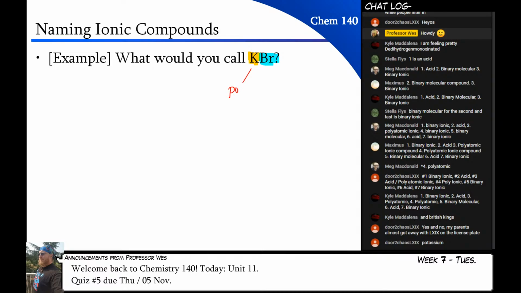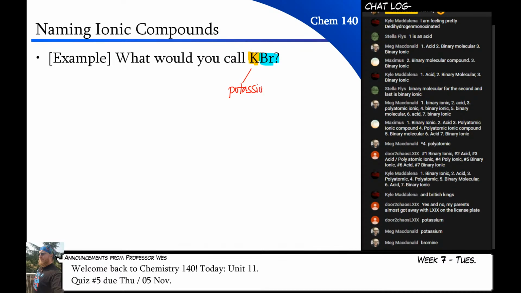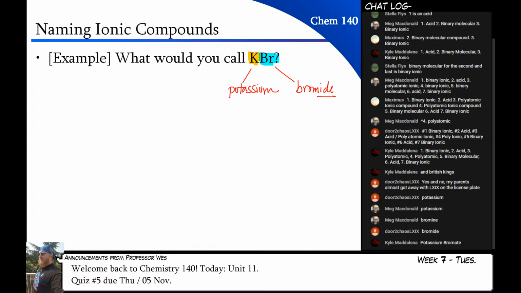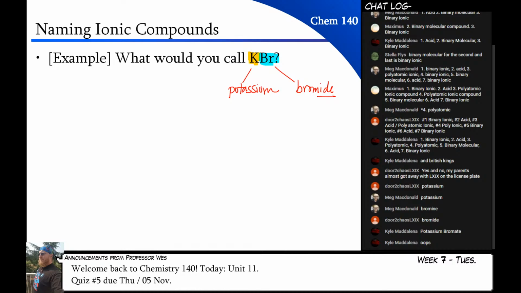That's good. Potassium is in column 1A, group 1, so it's fixed. We only call it potassium. This is bromine, but we name it with "-ide", so instead of bromine, it becomes bromide. Bromate is something different, so be careful. Bromate is a polyatomic ion.